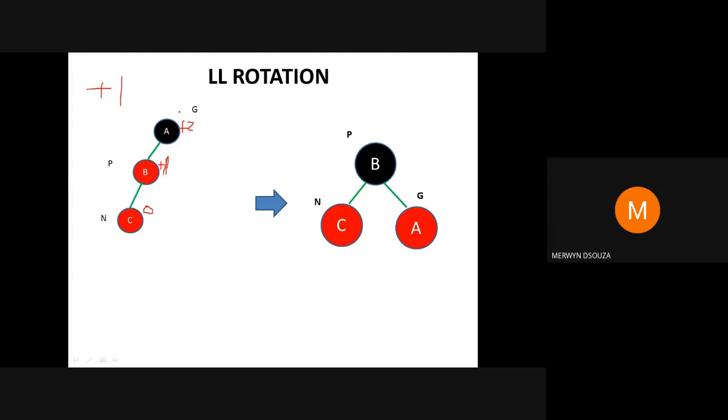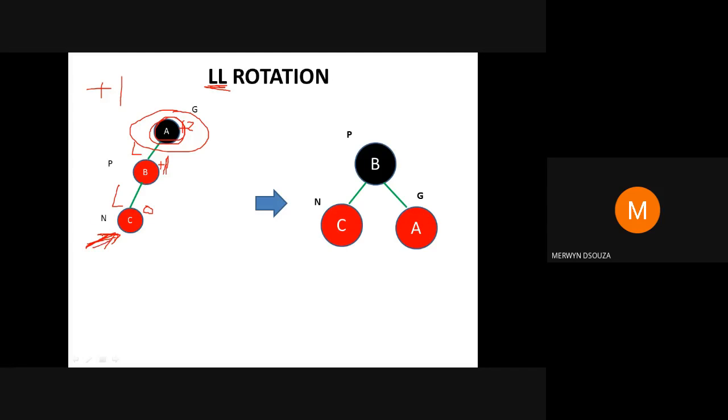Now you can see that this is a problem. Why do we call it an LL rotation? Because this node has a problem. This is the left branch and this is the left branch again. So L, L. By inserting this node in the left side of B, and B is in the left of A, the tree got unbalanced.